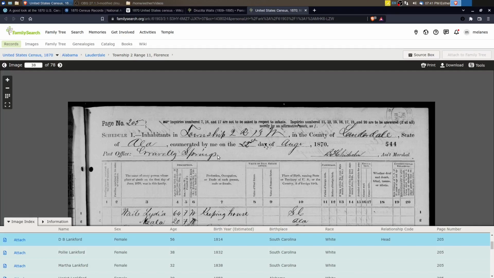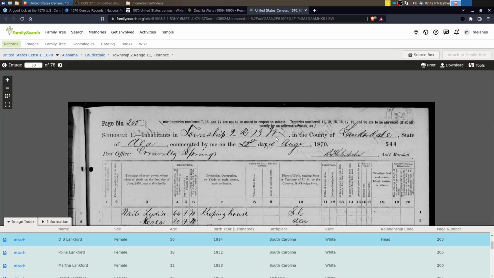Wilson's brigade started in Gravelly Springs and headed south through Alabama, which was one of the final battles in the American Civil War. Gravelly Springs was a pretty eventful place, and so you can imagine the people that lived there were impacted quite drastically.